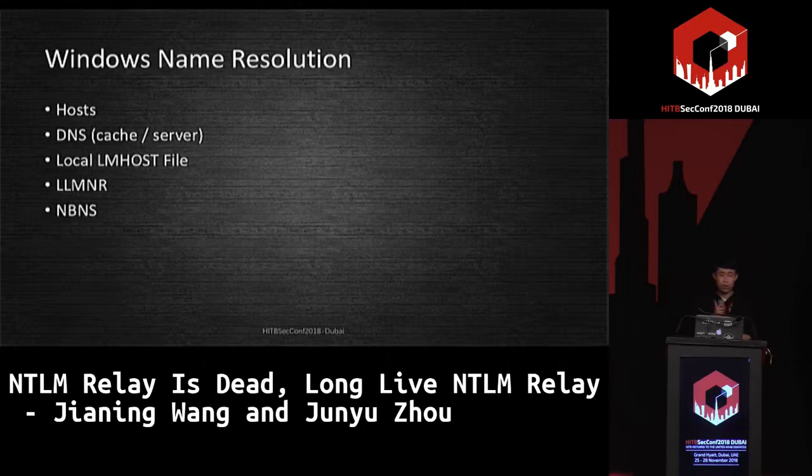First, it will look up the name from the hosts file. Next, it will perform a DNS query. If not found, it will look up the local LMHOSTS file. And if also missed, it will use LLMNR and NBNS, these 2 protocols, to get a real IP.